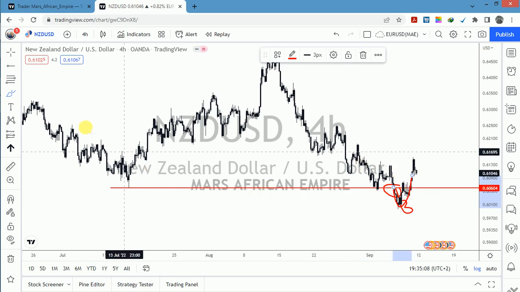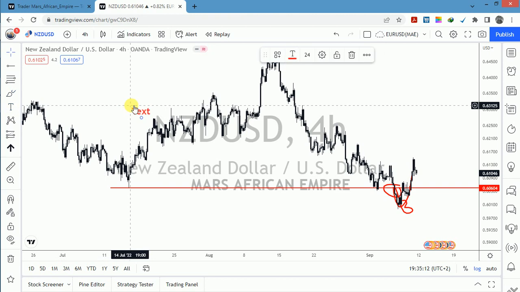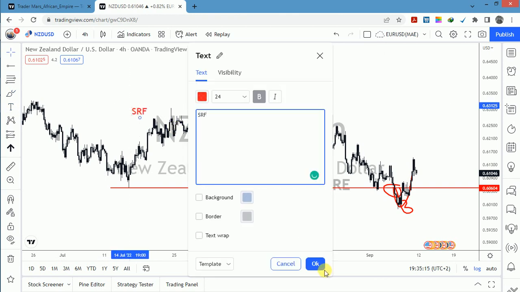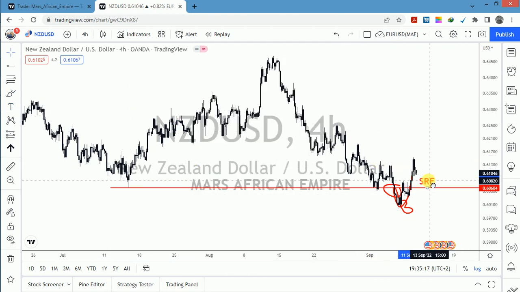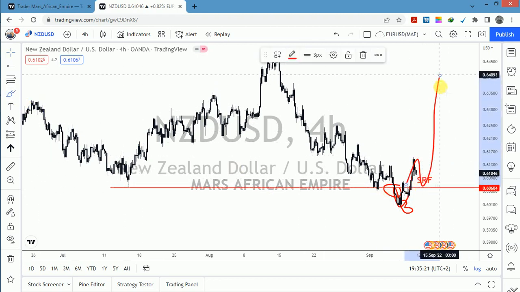So we'll be hoping to see an SRF there to validate our bullish movement. We are hoping for this price to come back here and then continue to go up there.